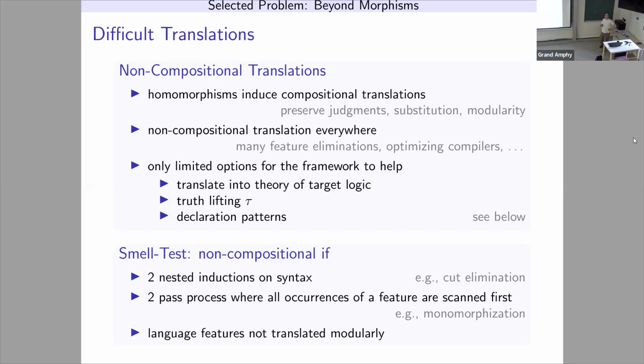We just have to prefix the translation with a humongous list of casting functions, one for every subtyping relation that ever occurred in the library. So those translations are not compositional. They break all kinds of modularity conditions that we would like to have, but they are nonetheless real and important. And it's a bit of an open problem what we do with those.